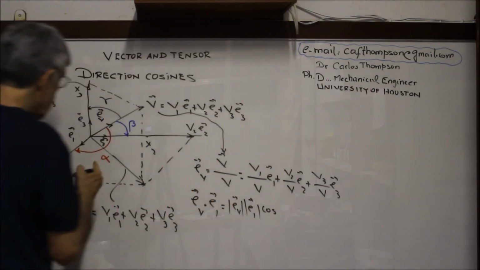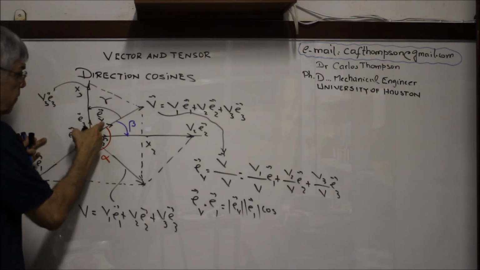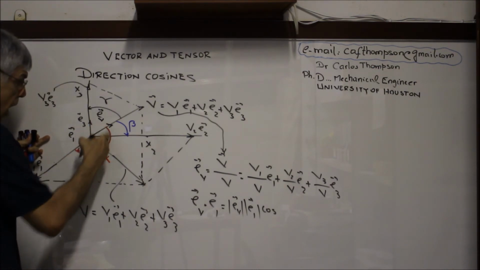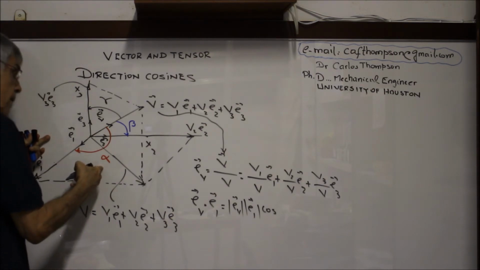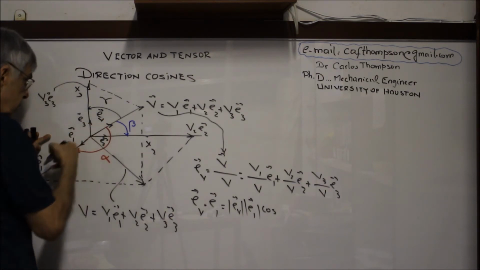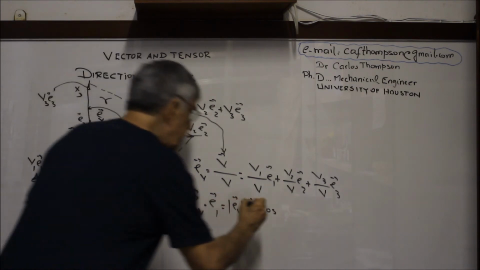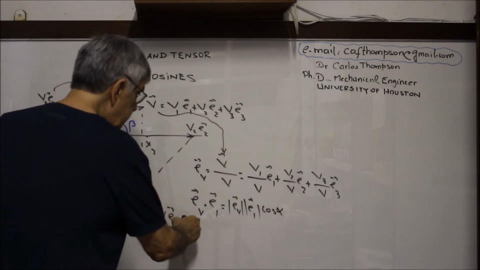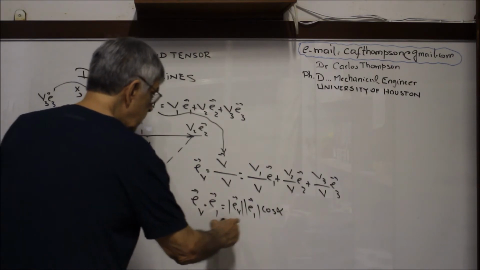Look at here, EV and E1. So alpha is the angle between EV and E1. So this will be cosine of alpha.